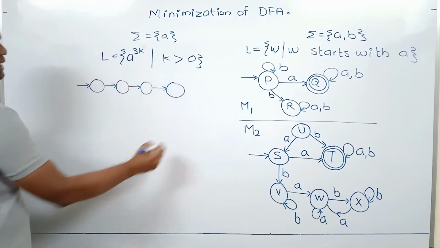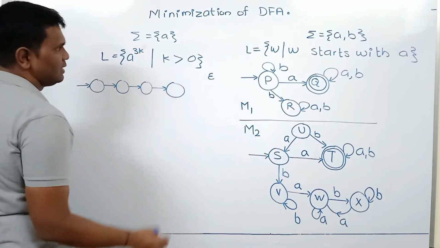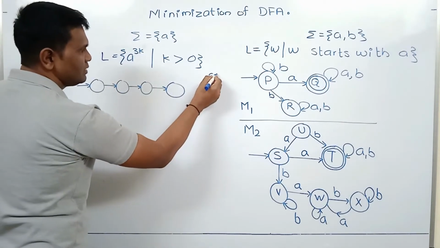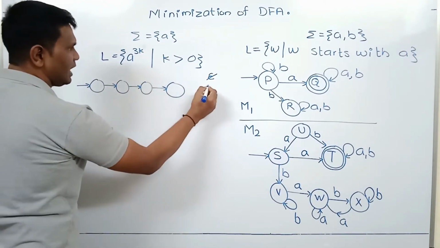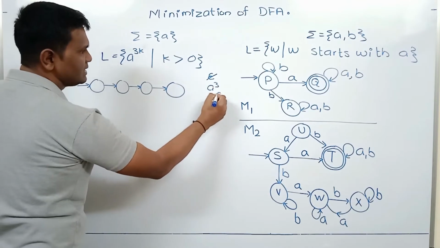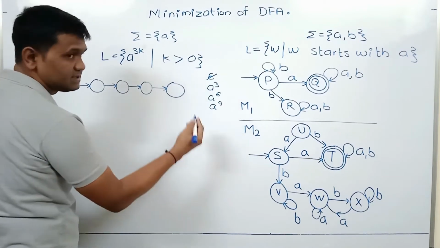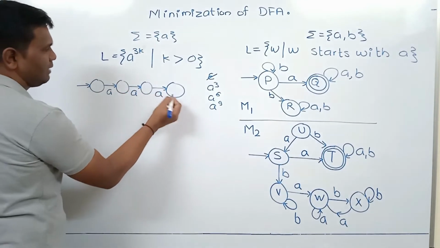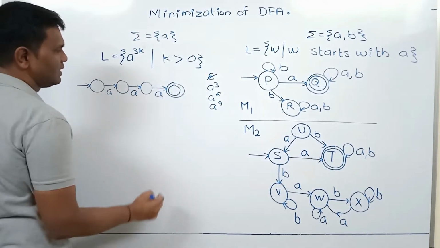So for A power 3k we cannot accept epsilon. K cannot be 0, k is greater than 0. So epsilon is not part of the language. After that, A power 3, A power 6, A power 9, these strings should be accepted. So this is A, then A power 2, A power 3, it should be accepted.